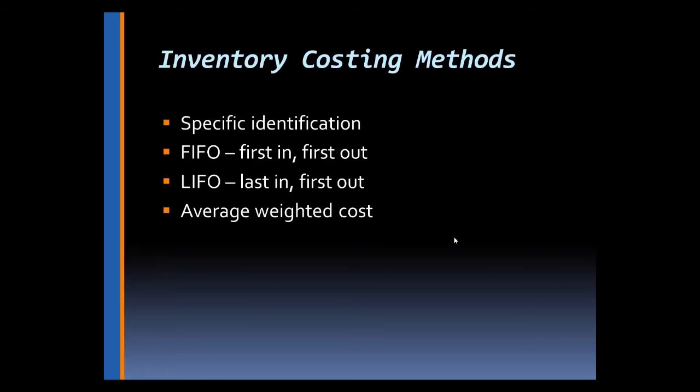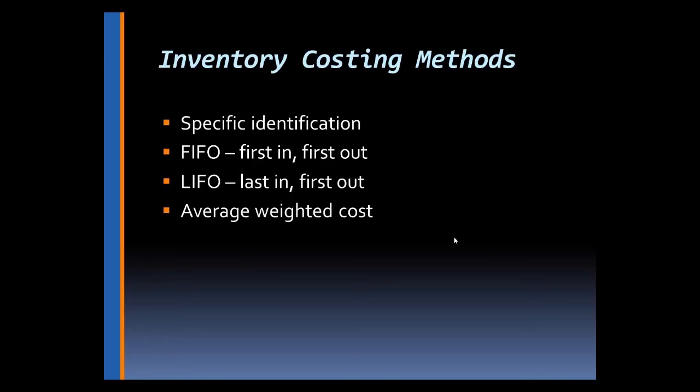Under LIFO, we value it on the last in, first out. So there we would say that the last item that came in would be the first one going out. So that means that you would value your inventories more likely on the price you paid for the item in some previous period.